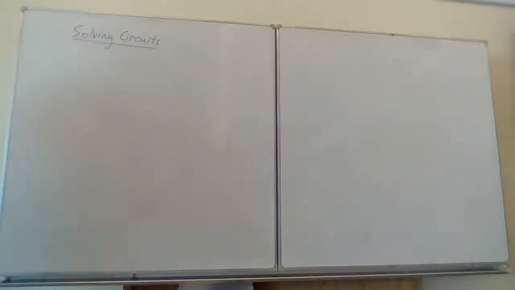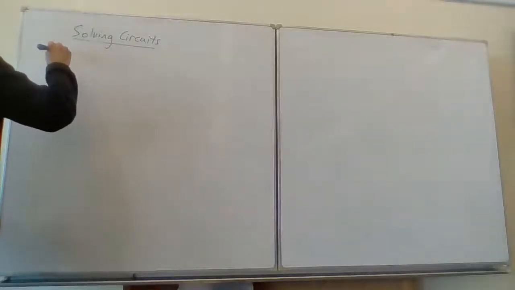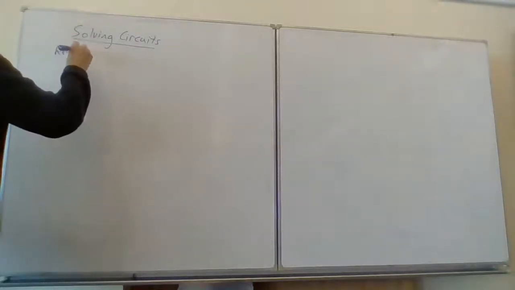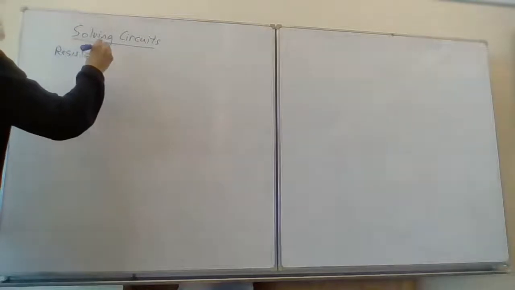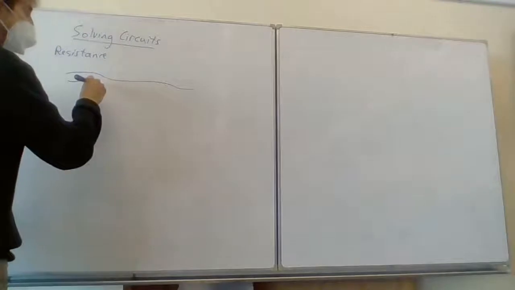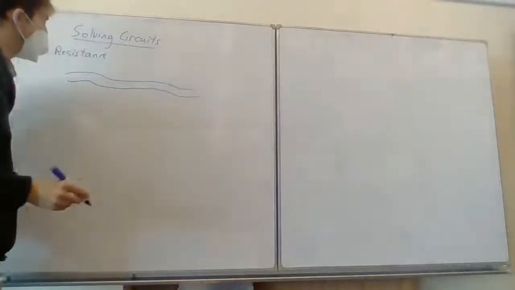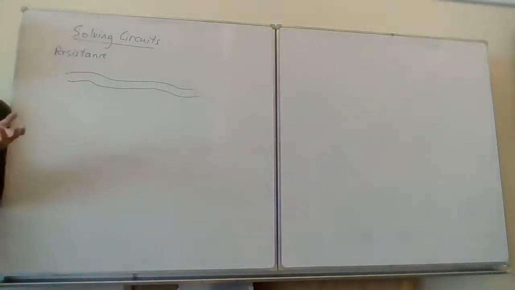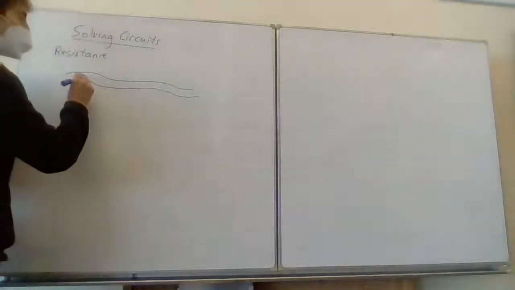Okay. We need to talk about resistance again for a second. So here's a wire or a lead, and we said if I got flowing electricity, Isaac, I got what moving through my wire? Electrons. Thank you. So I'm going to draw some. I'm going to have it moving this way.